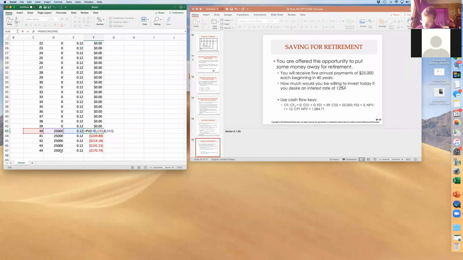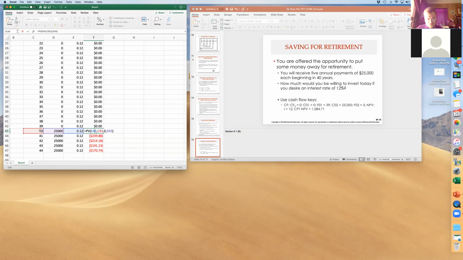So I'm going to show you that equation at the very bottom here where those $25,000 payments actually start. You can see the present value taken back to time period 0. How I can tell that is we're bringing it back 40 time periods. So this $25,000 cash flow that I receive in 40 years is going to be brought back into present value terms.